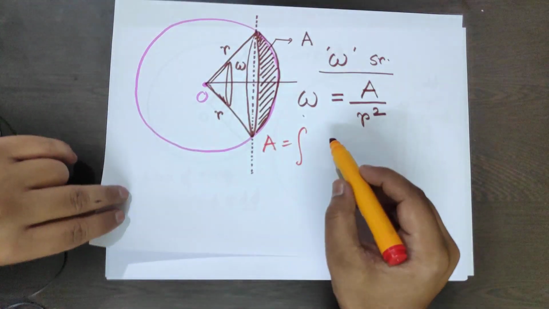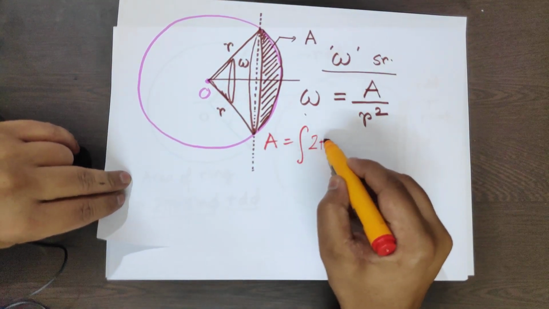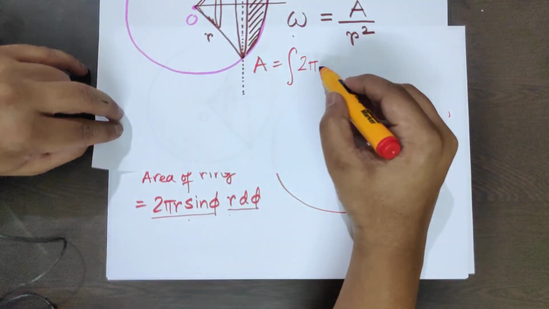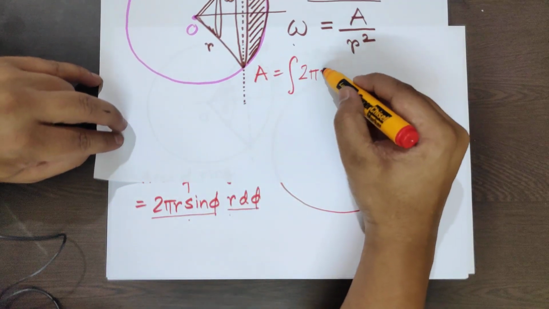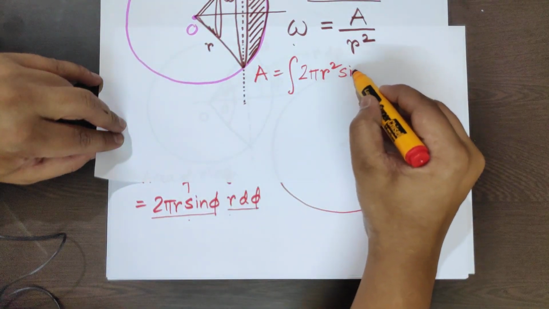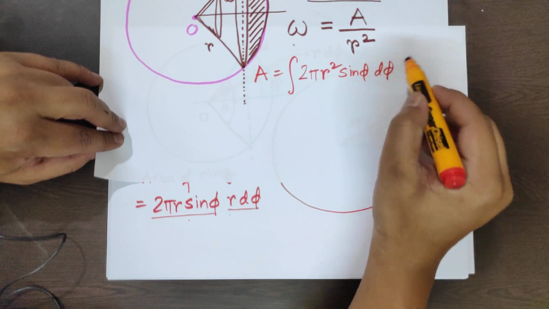So integration of 2 pi r square sin phi times d phi.